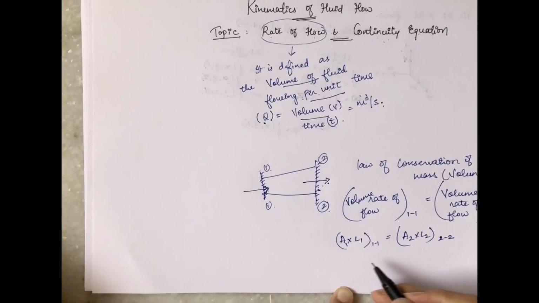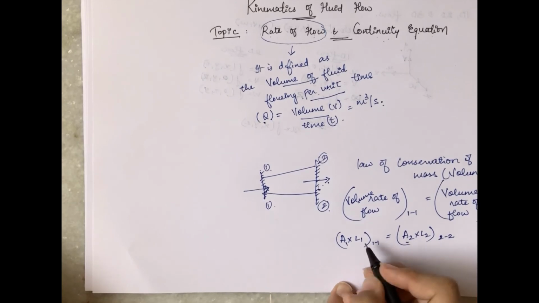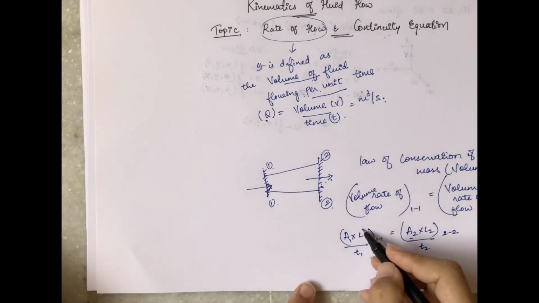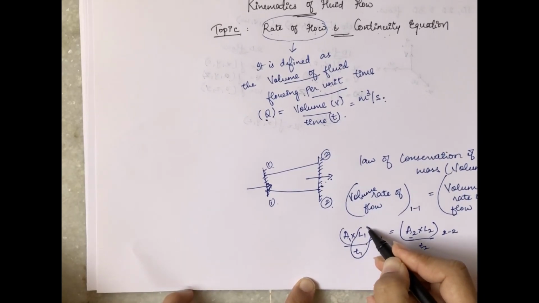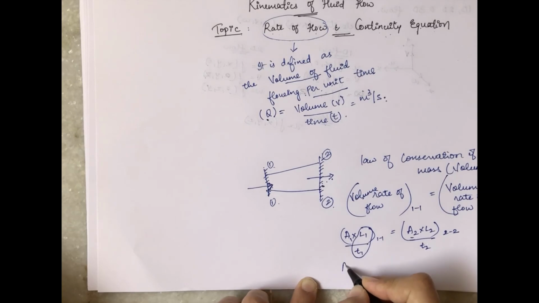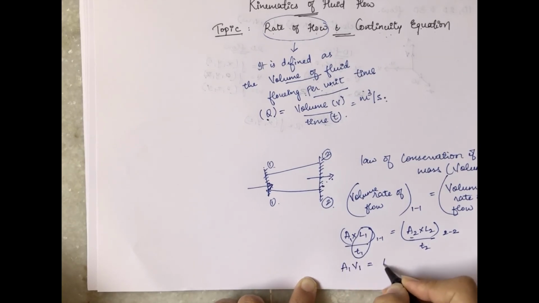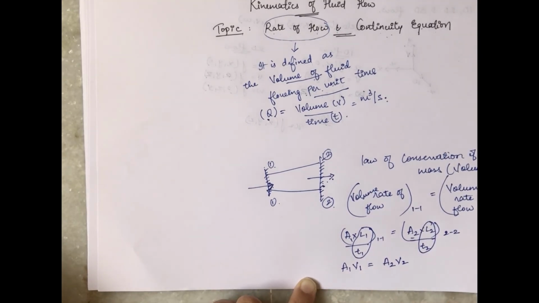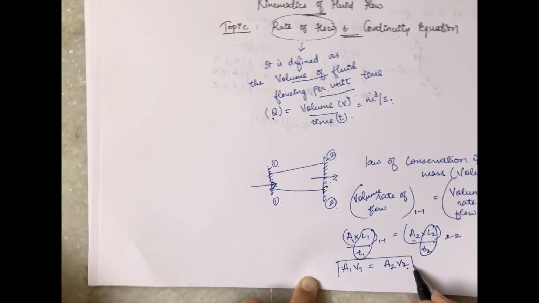Now if I divide this equation by unit time, that is T1 and T2, then L1 upon T1, distance upon time, will become velocity. So A1 V1 is equal to A2 V2, with V2 in place of L2 divided by T2, because distance upon time is nothing but velocity. So A1 V1 at section 1 is equal to A2 V2 at section 2.